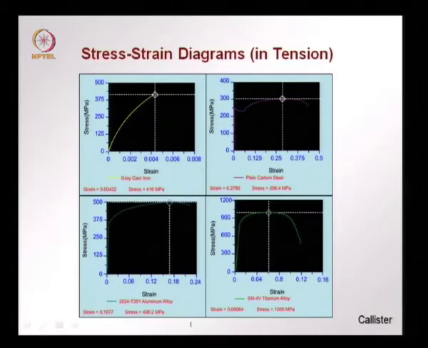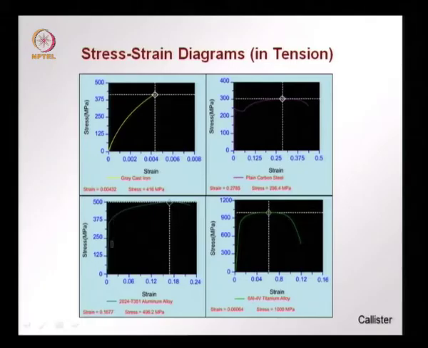At the bottom we have aluminum and titanium alloys. Both these cases you see that there is no definite yield plateau that we saw in the case of plain carbon or mild steel, but we have a smoothly increasing curve.